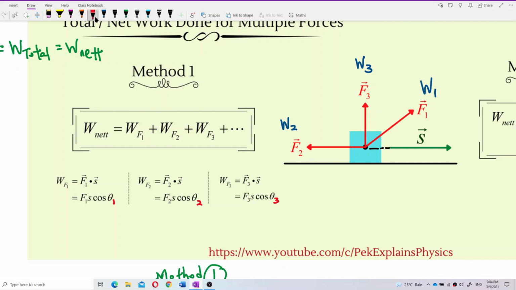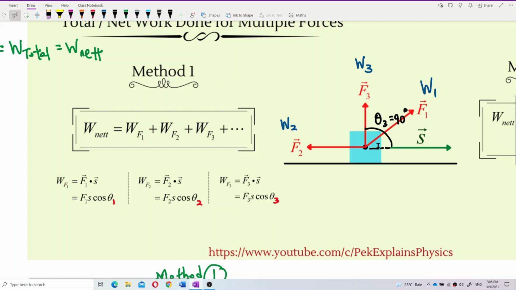Theta 3 is where we compare F3 with displacement. It is a right angle, perpendicular, so F3 and displacement are 90 degrees. Later we just use cos 90. This is theta 3.